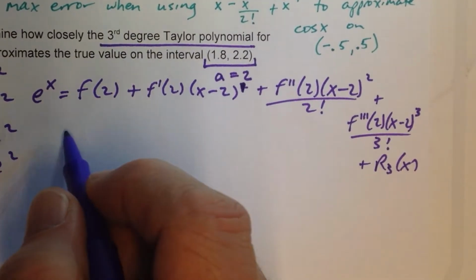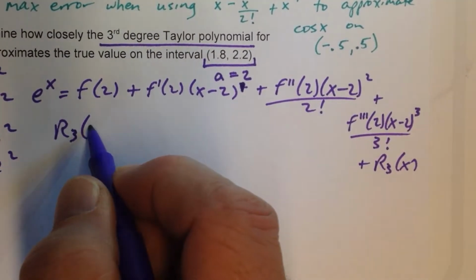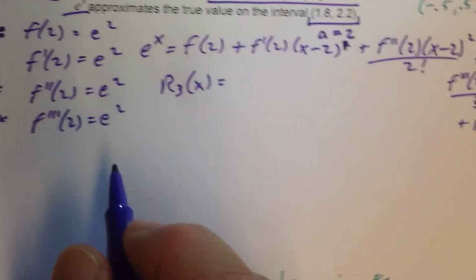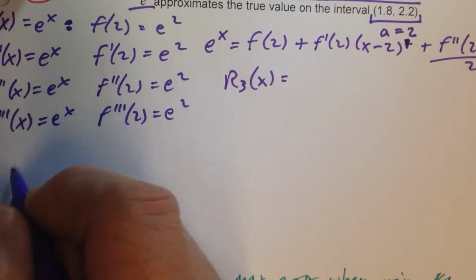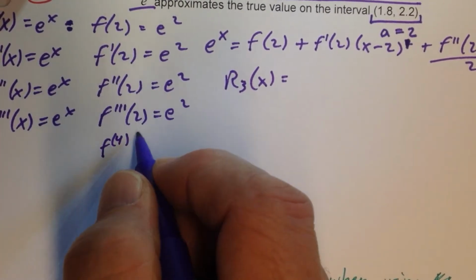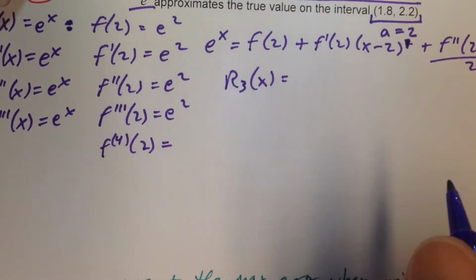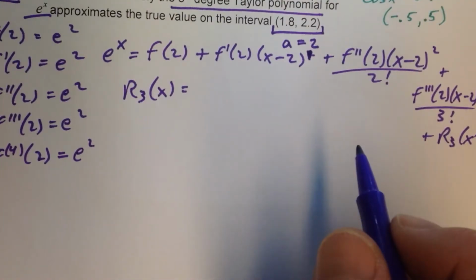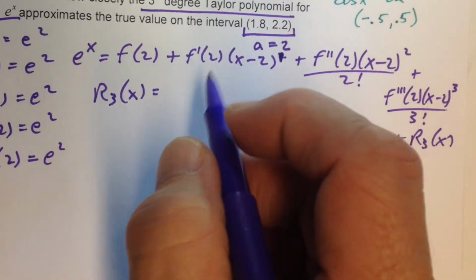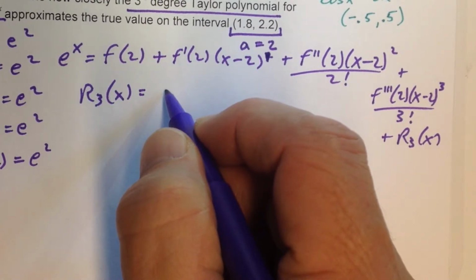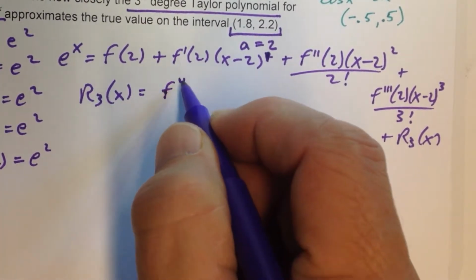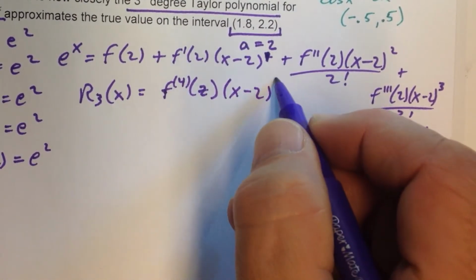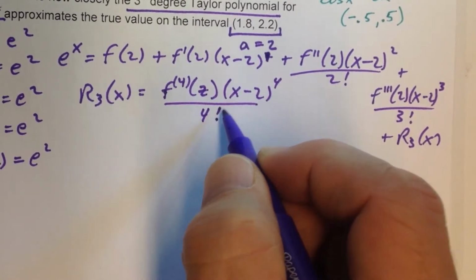The third degree remainder at x is equal to the fourth derivative, and actually we don't want it at 2, we want the fourth derivative at z, multiplied by x minus 2 to the fourth over 4 factorial.